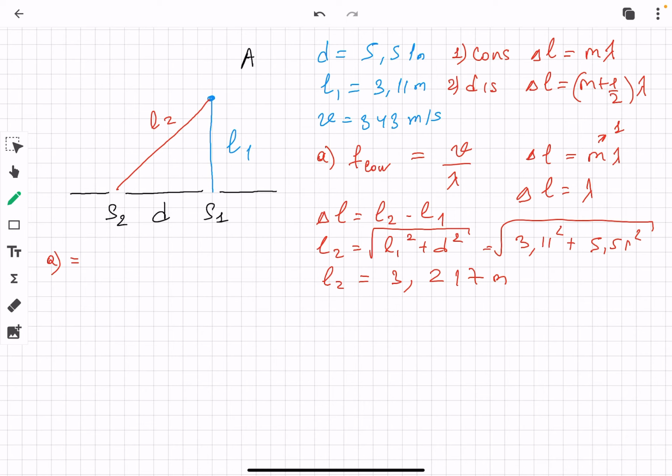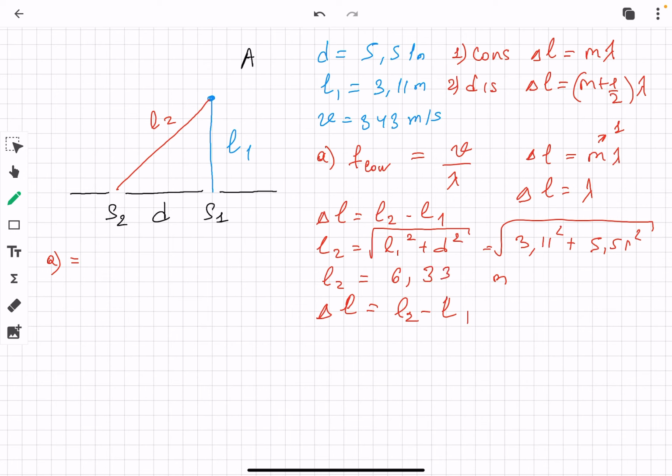Then for part A, delta L is equal to L2 minus L1. I made a mistake here. L2 itself should be equal to 6.33.